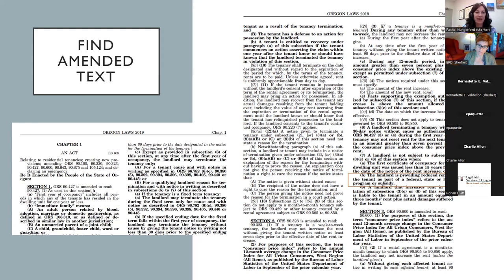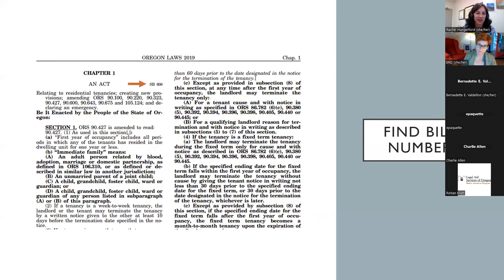Once you know that, you go to the top of that session law and it will identify the bill number. So this is one, again, within Housing Law Task Force. We're probably all very familiar with Senate Bill 608 from 2019, but this is how you would, if you weren't familiar with that history, trace it back.